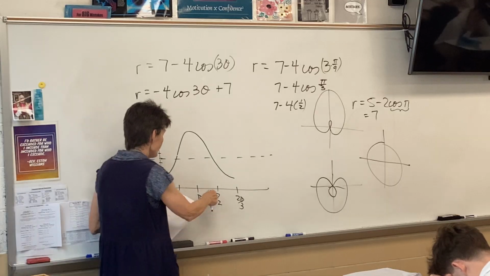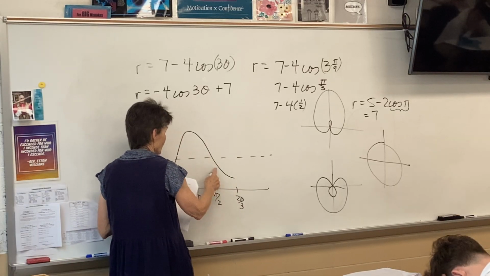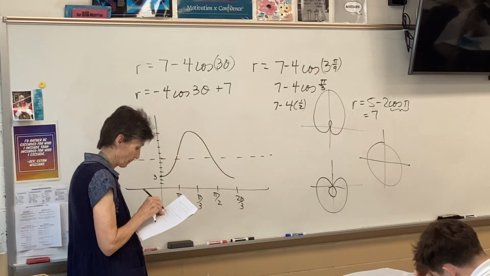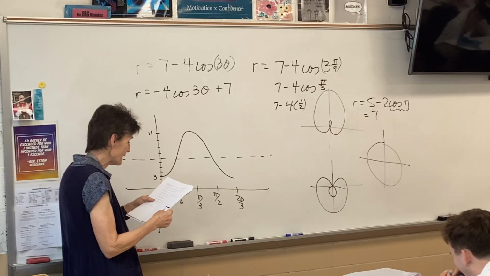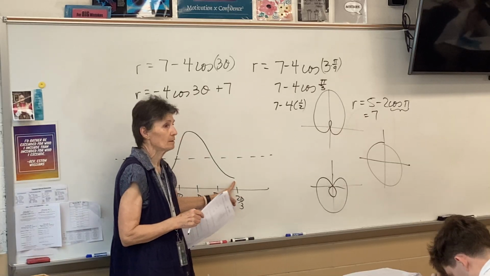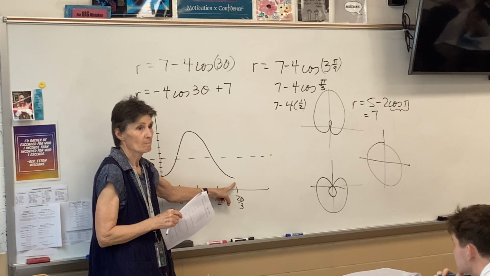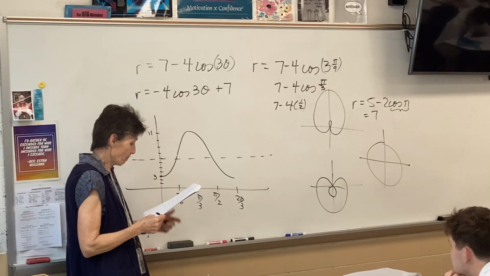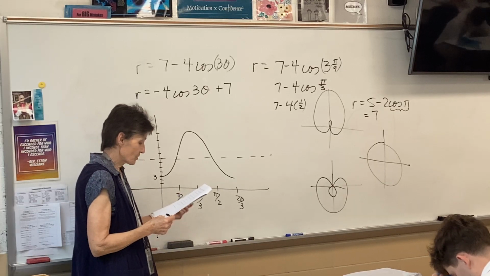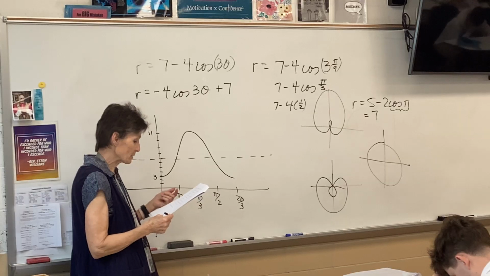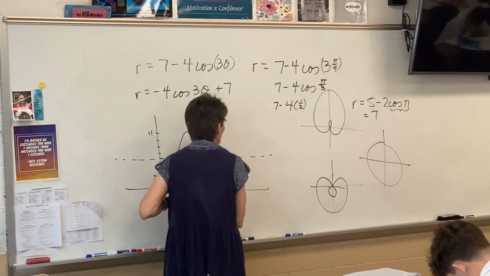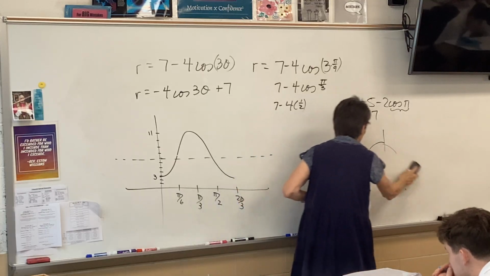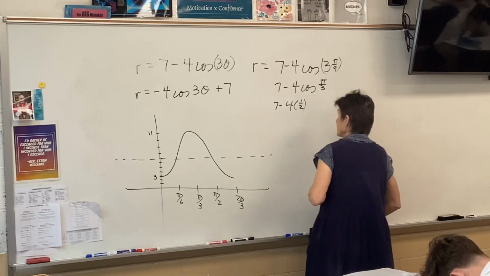From pi over 2 to 2 pi over 3, we are decreasing. Is the curve decreasing? Yep. There's a relative minimum at 2 pi over 3. True. A picture makes this easy. The point pi over 6 represents a point at the origin? So let's plug in pi over 6 and see what we get.